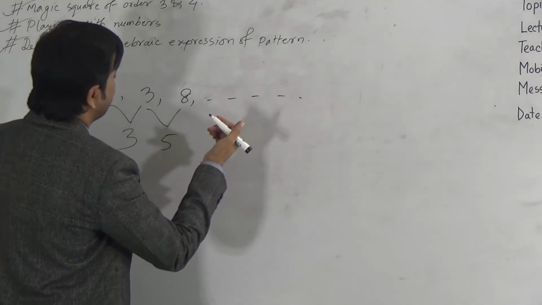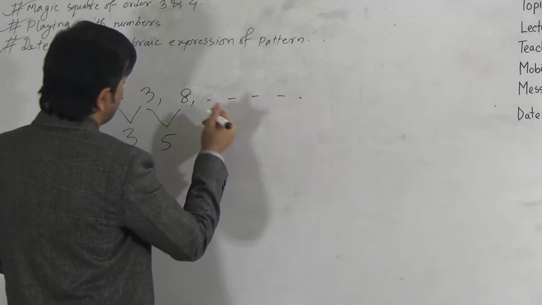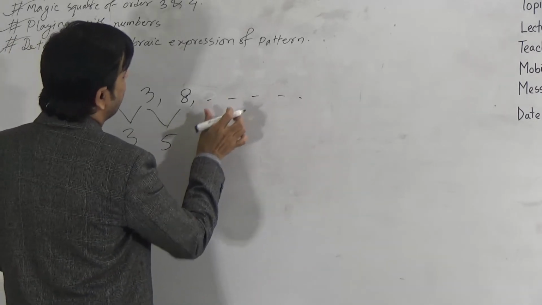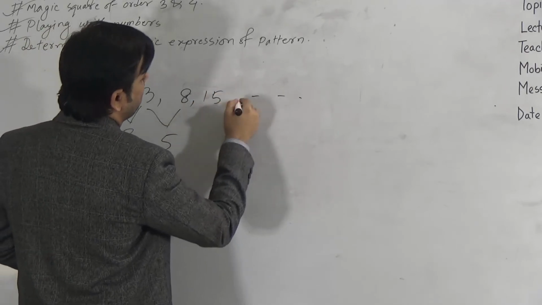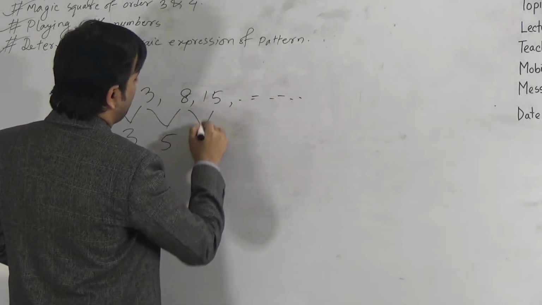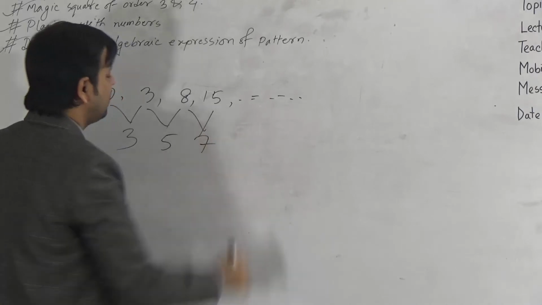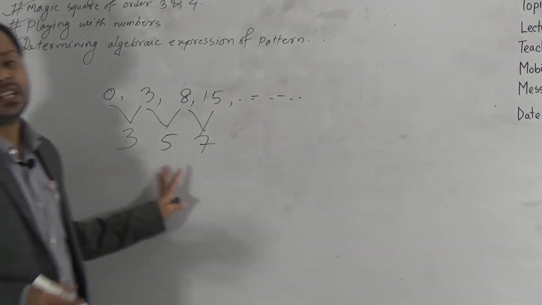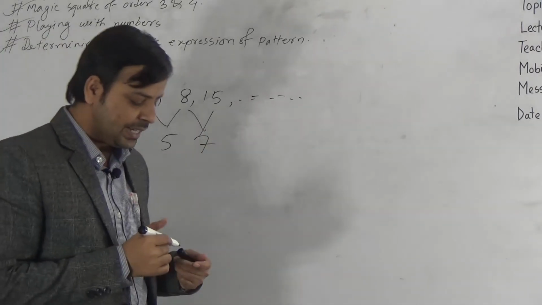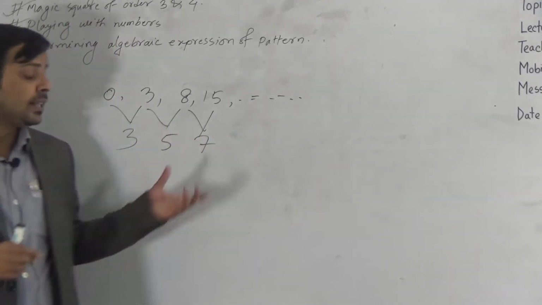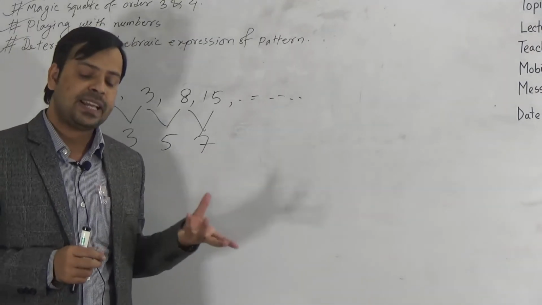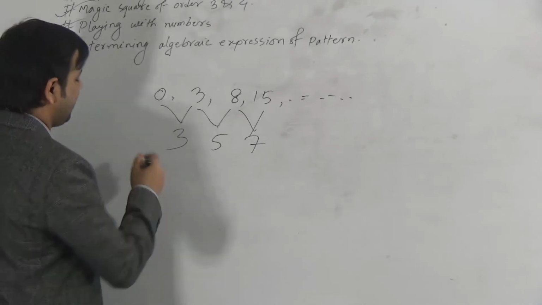After 8 we will get 15. So what is the difference here? 7. Here the differences are not the same. So how can we get the algebraic expression? In this case we have to apply another technique. What is the technique? See here.